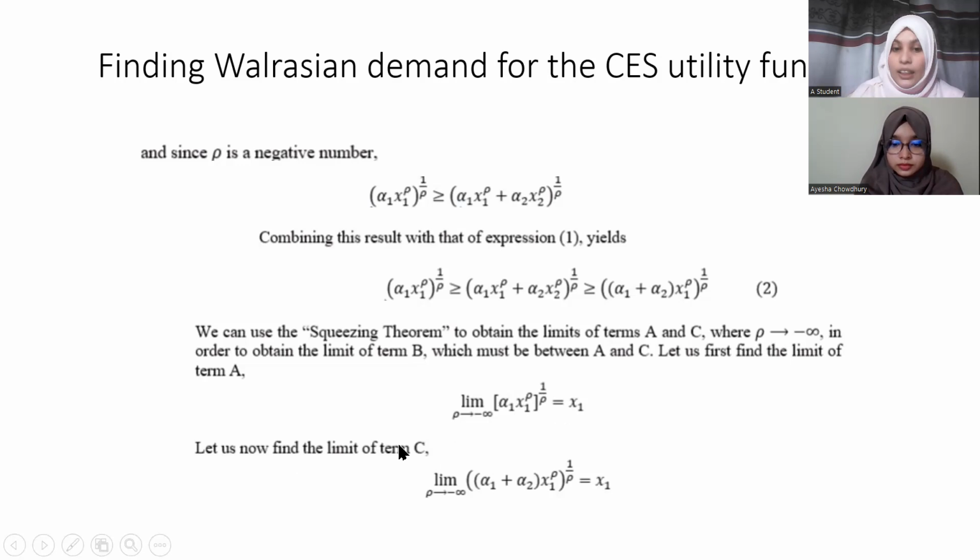Now let us find the limit of term C. In this term, we use (alpha 1 plus alpha 2) times x1 to the power rho whole to the power 1 by rho, which again equals x1.